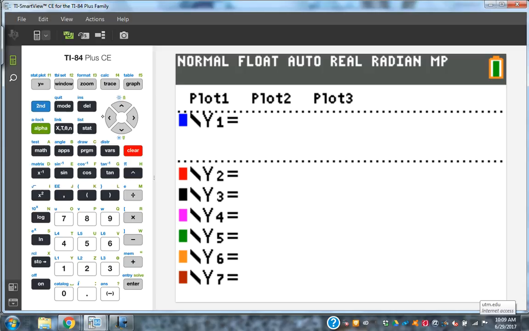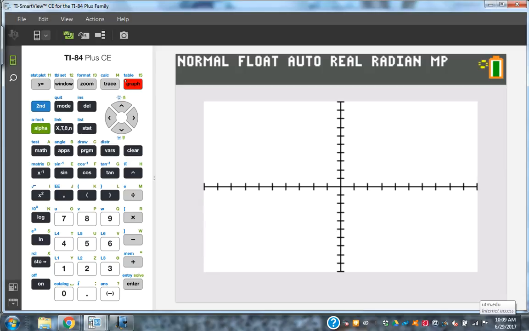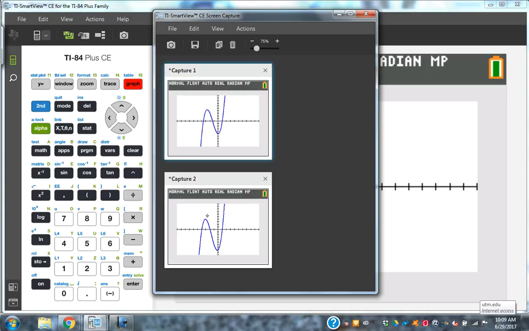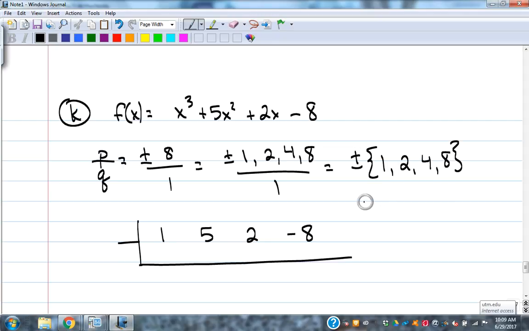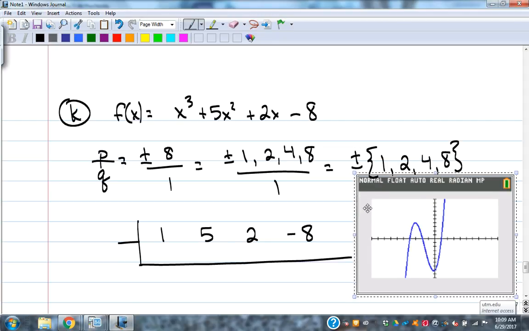I'm going to clear out that other one, and I'm just going to type in x to the third plus 5x squared plus 2x minus 8. I see 3 pretty good numbers there. So I've got the graph. There's my graph from my calculator, and I see that it crosses at positive 1.